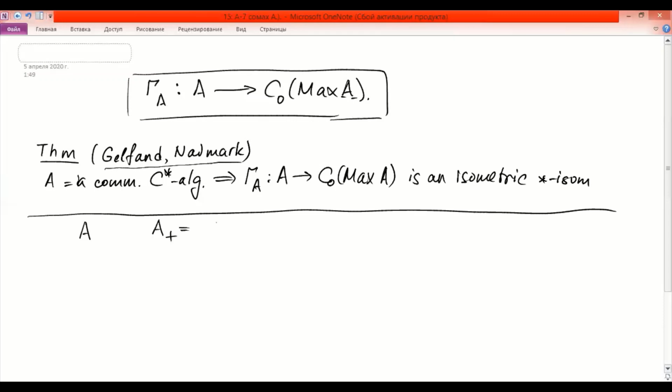We take the direct sum of A and the one-dimensional space spanned by a new element 1 plus, and we define the multiplication on this algebra in such a way that this new element 1 plus becomes an identity of this algebra. So this is the multiplication in this algebra. And this algebra A plus is called the unitization of A.